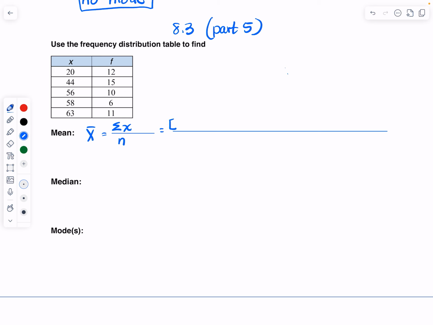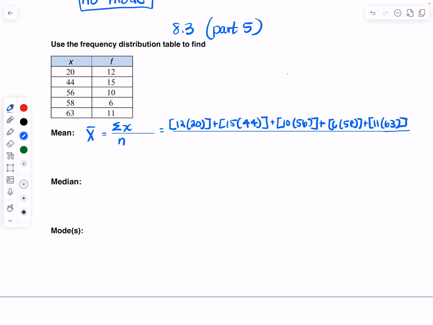So when I add this up, I'm going to take 12, which is frequency, times 20, plus, now the second one, I have 15 of the value of 44, plus, I have 10 at the value of 56, plus, I have 6 at the value of 58, plus, I have 11 at the value of 63.